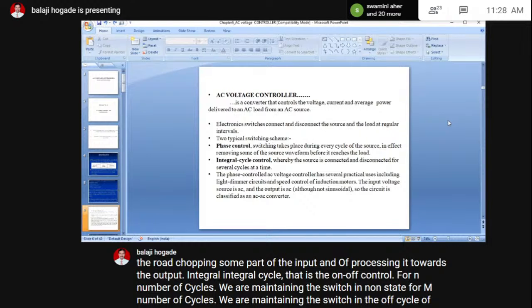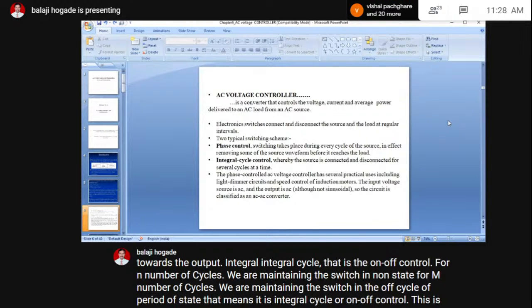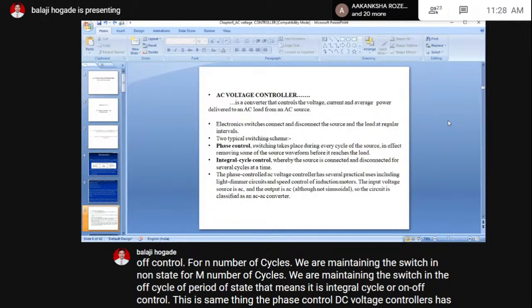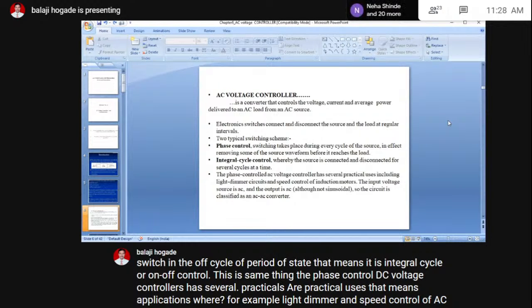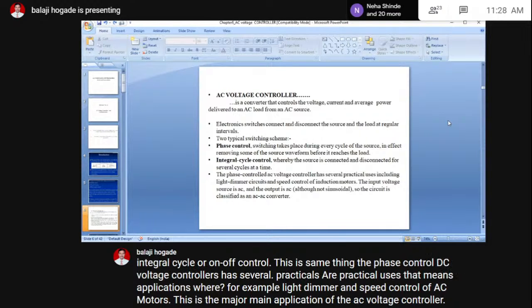The phase controlled AC voltage controller has several practical uses, that means applications, for example, light dimmers and speed control of AC motors. This is the main application of the AC voltage controller: speed control of AC motors, in induction motors, and light dimmer circuits.